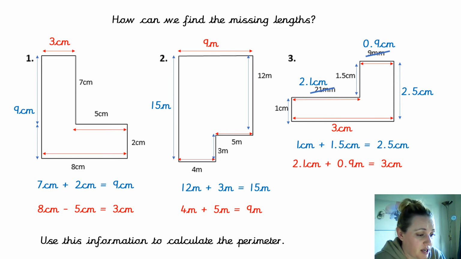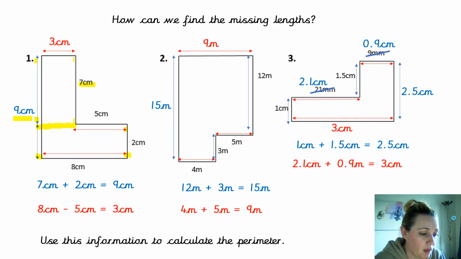The way that we've worked out the 9 centimetres there is because we have said, right, well, if from here to here is 7 centimetres, so then you can see that goes from there to there, and from here to here is 2 centimetres, that means from here to here is 2 centimetres. And actually if it does help you can draw an imaginary line across to show that it's a rectangle, because then you can see the opposite sides are the same. So if that's 7, that must be 7, if that's 2, that must be 2. 7 add 2 gives you the 9.